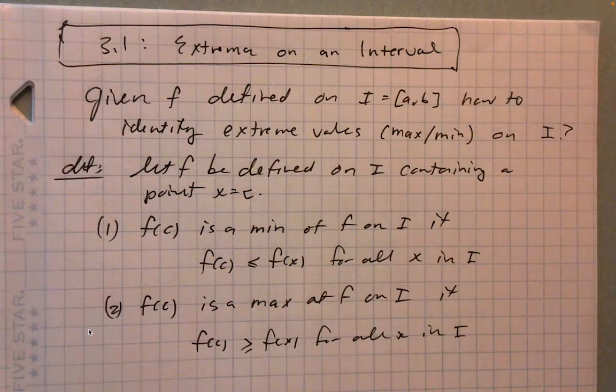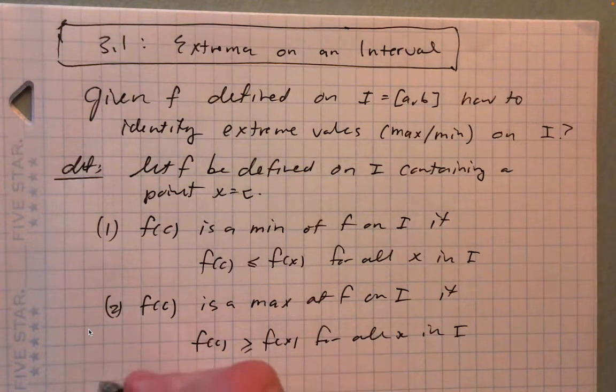But things can get tricky when the interval under examination is open or when the interval lacks continuity. Okay, so let's take an example here. Let me draw a picture. So let me just write that first.